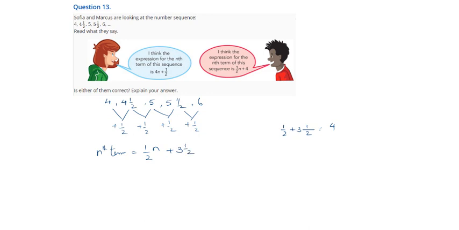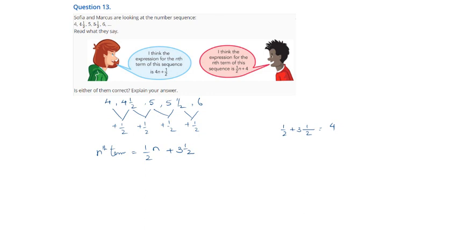Now let's put 2. 2 by 2 is 1. 1 plus 3 and a half is 4 and a half. Put 3. 3 by 2 plus 3 and a half.